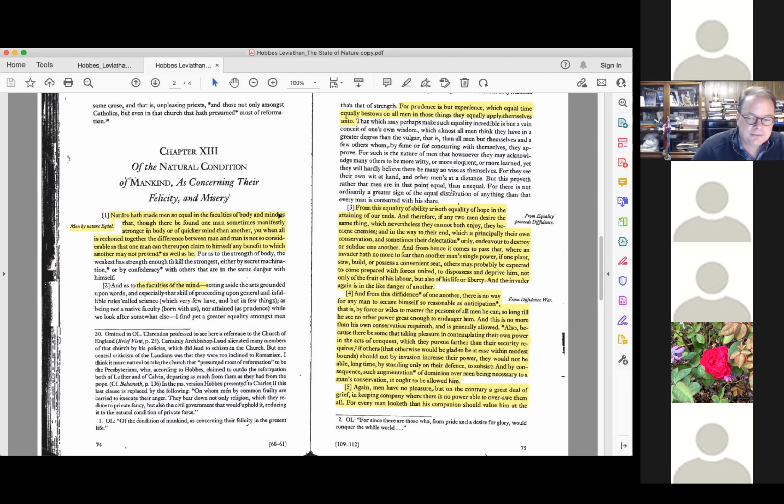Because when we think of power, our first thought, I think, is physical strength. But we realize here that there are different types of powers that are advantageous in different circumstances, right?